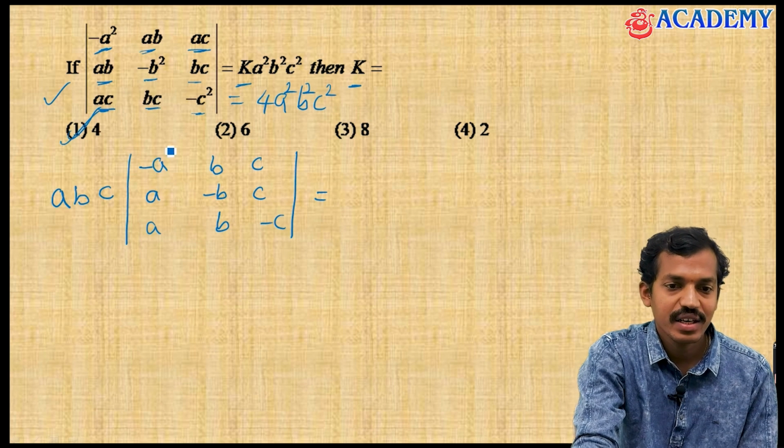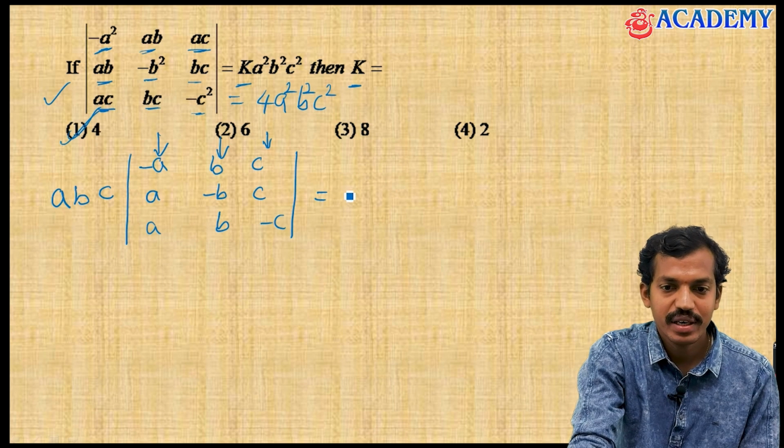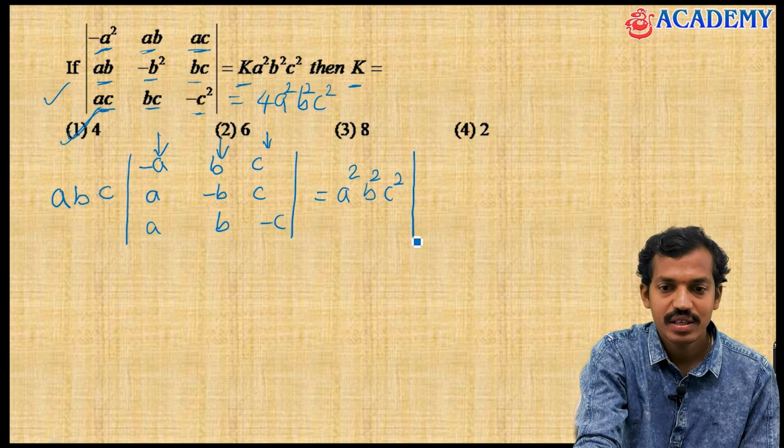Once again, I can take a from column 1, b from column 2, and c from column 3. I am writing that as a into a square, b square, c square, and the matrix is minus 1, 1, 1, 1, minus 1, 1, 1, 1, minus 1.